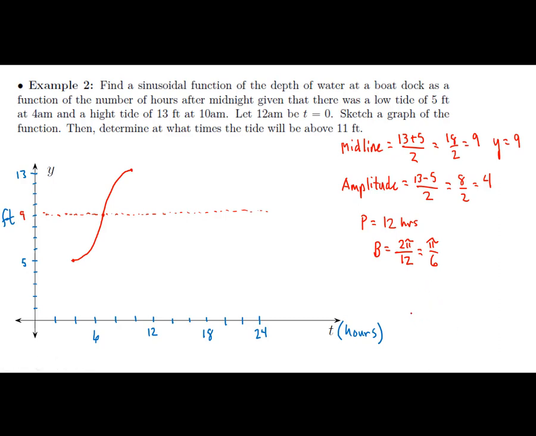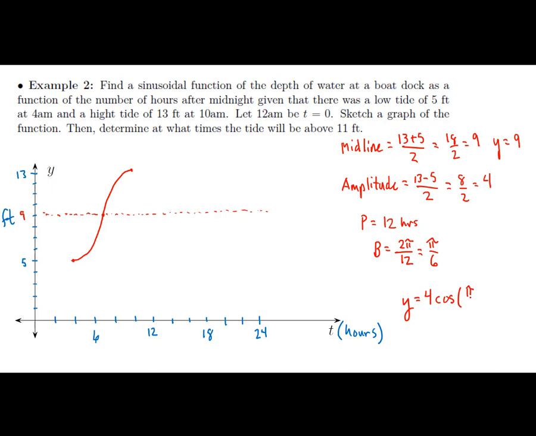So let's kind of write out what we've got so far. We have our function. It's a function of t, so y is going to equal the amplitude times our trig function, and I'm going to write cosine here, and I'll explain that in a moment.